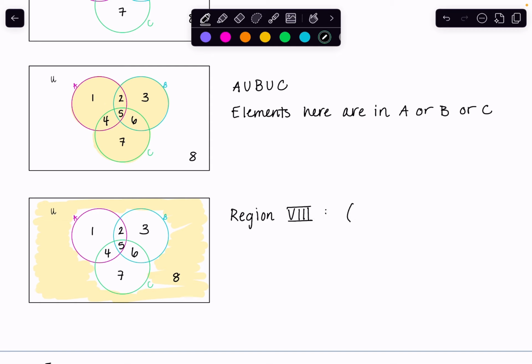This would be the complement of the union. So I take the union of the three sets and then I find the complement. Because again, these two things should fill in the entire U, okay? And they do. So the complement of A union B union C is everything not in the union.